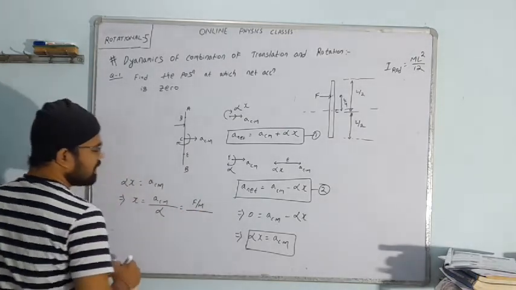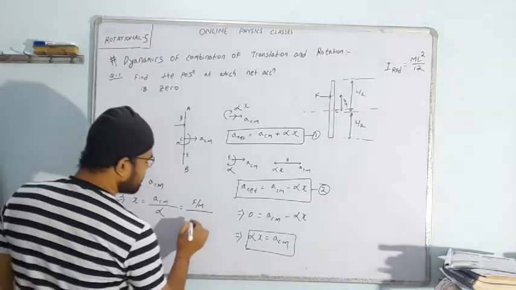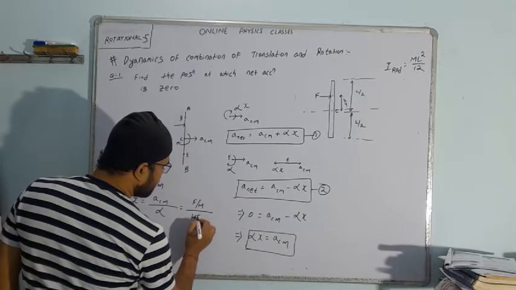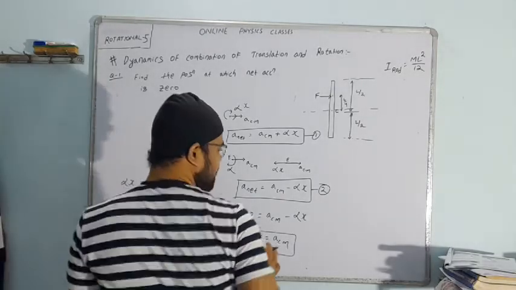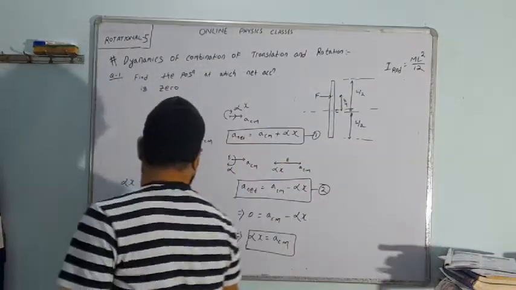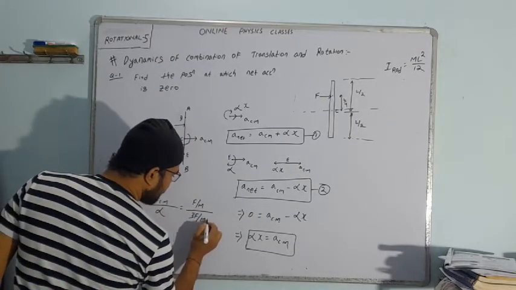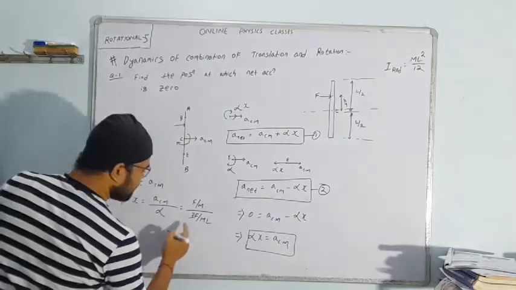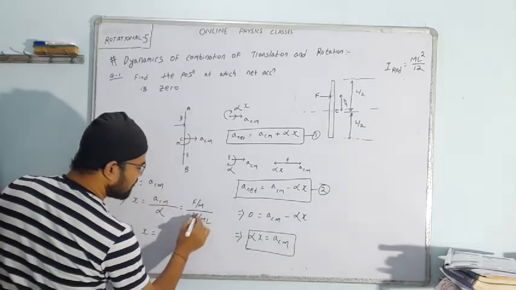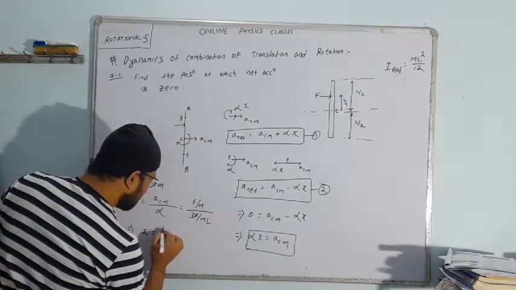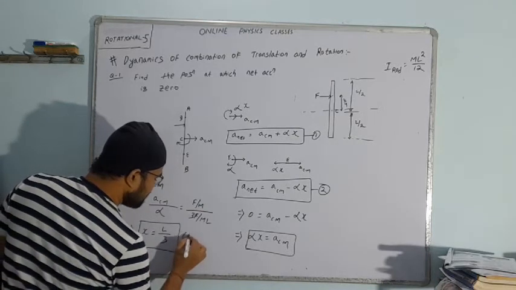What is alpha? From the previous question, alpha is 3F by ml. Finally, solving this, F and m cancel, and x will be L by 3. This is the value of x.